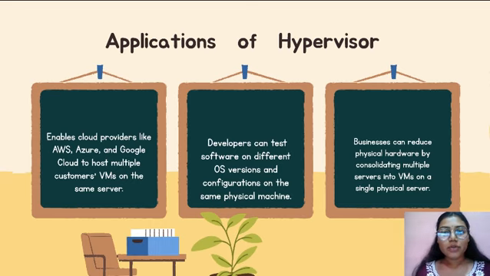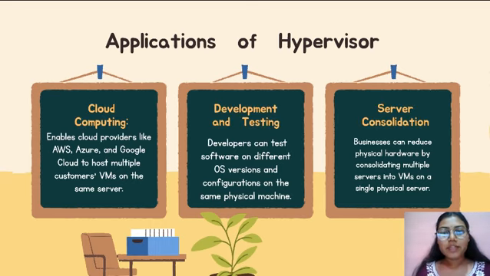Some applications of hypervisor. The first application of hypervisor is cloud computing. Cloud computing enables cloud providers like AWS, which is Amazon Web Services, Azure and Google Cloud, to host multiple customers' virtual machines on the same server. The second application is development and testing.